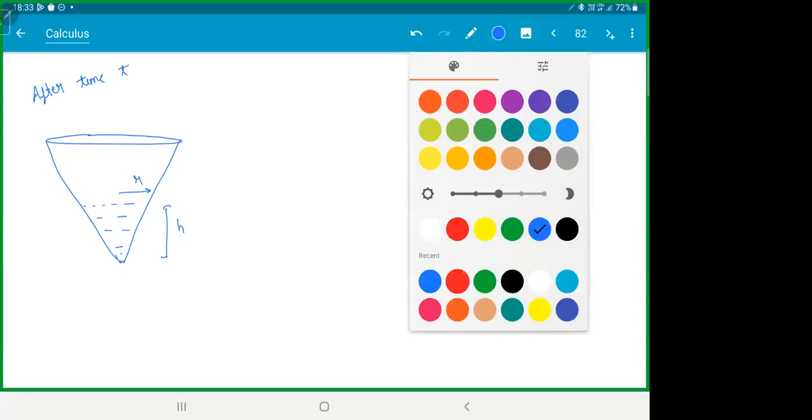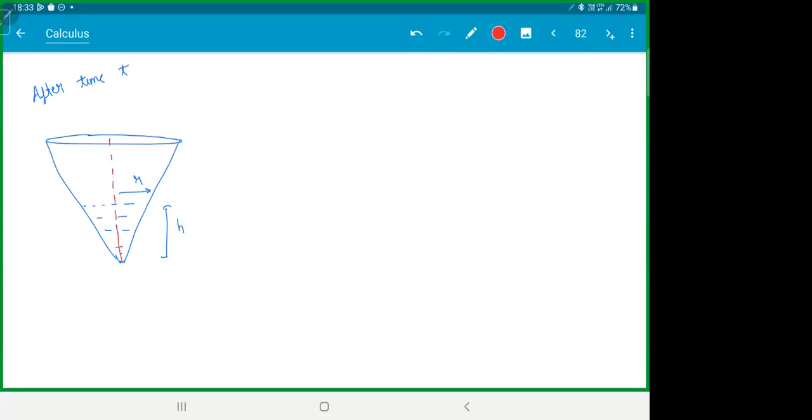If you take this angle as theta, this was capital H and this was capital R. So there's actually a relation between them. Tan theta is capital R by capital H. Tan theta is also equal to small r by small h. So small r is equal to R h by capital H. Got it? So the ratio will remain the same.